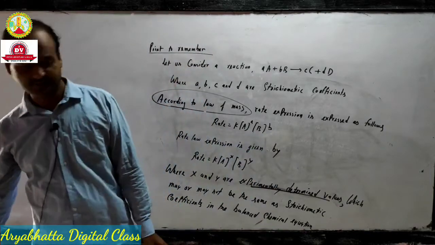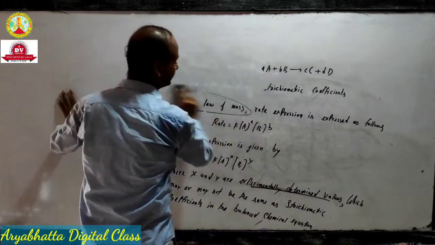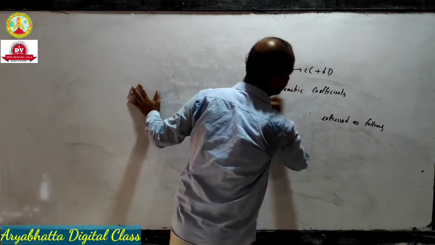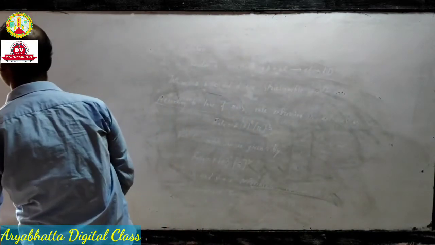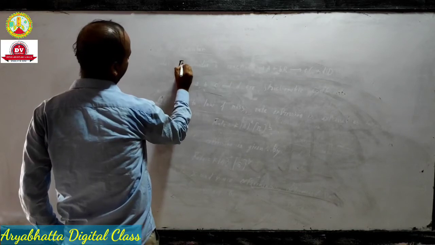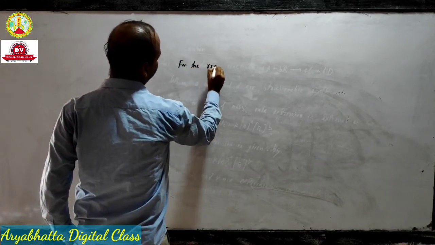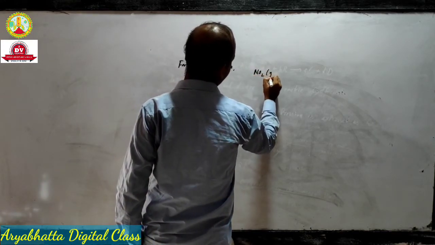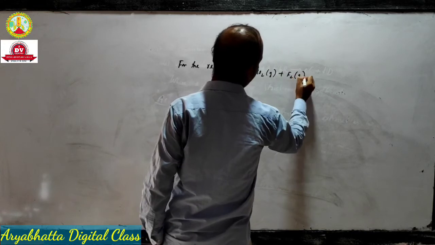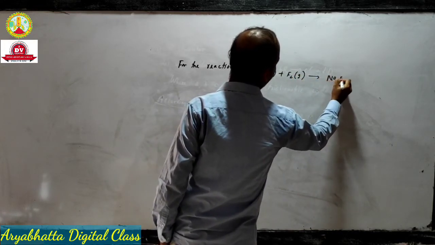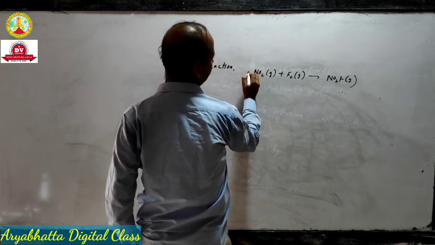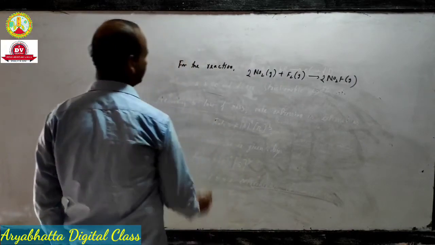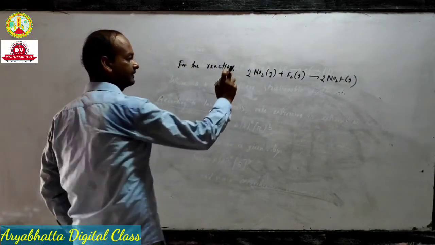Suppose for this reaction, now see, the reaction I wrote just now, of nitryl fluoride. For this reaction, I am going to apply the concept of law of mass action.